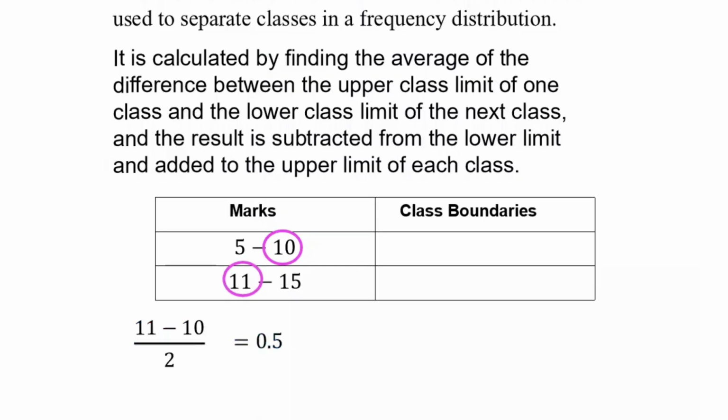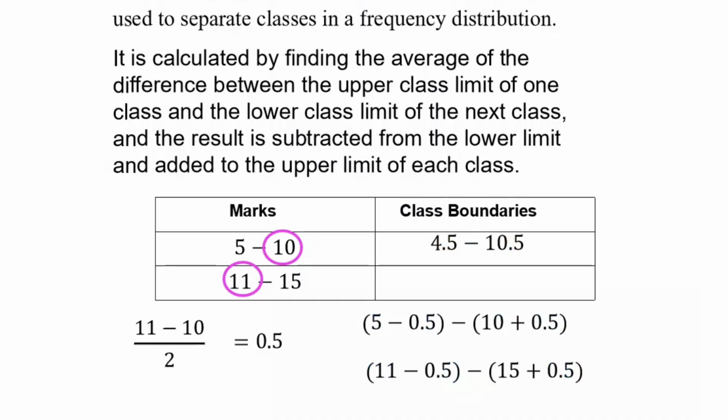To get the class boundary, in the first class the lower limit is 5, so you subtract 0.5 from 5 and add 0.5 to its upper limit, and you get 4.5 to 10.5. You do the same for each class: subtract from each lower limit, and add to each upper limit. That is the procedure you follow when asked to calculate the class boundaries.